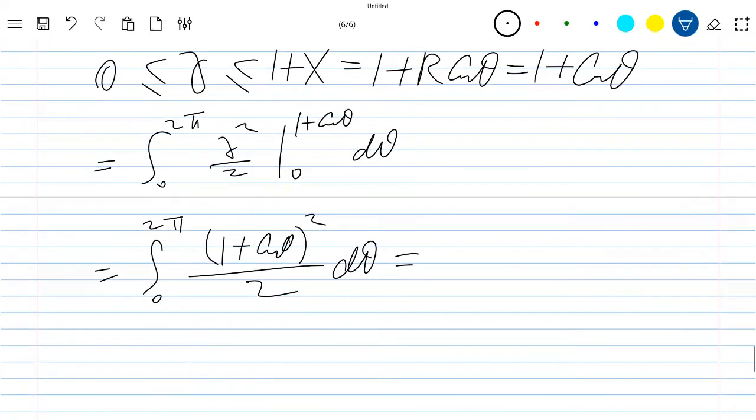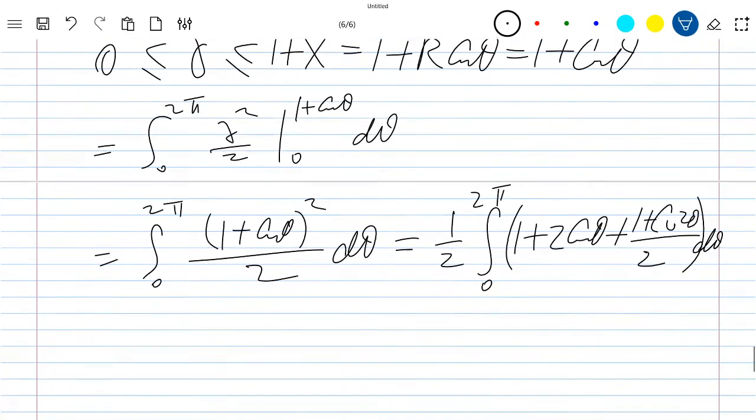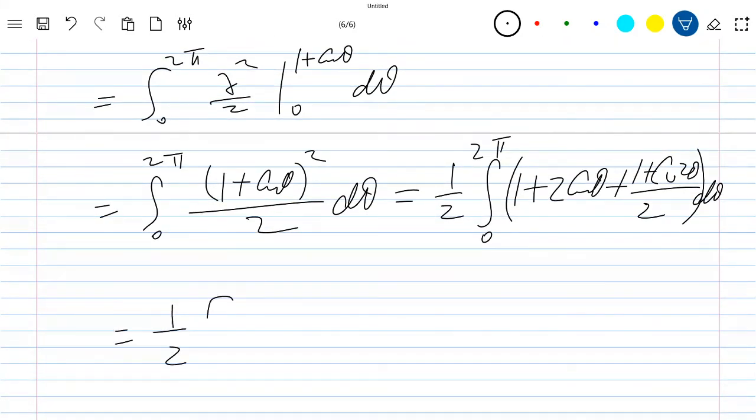So what do you get? Well, let's pull out 1/2. Then you get 1 plus 2 cosine theta plus cosine squared theta, right? How do you integrate that? You write down cosine 2 theta here, then integrate. Okay, so you get 1/2.